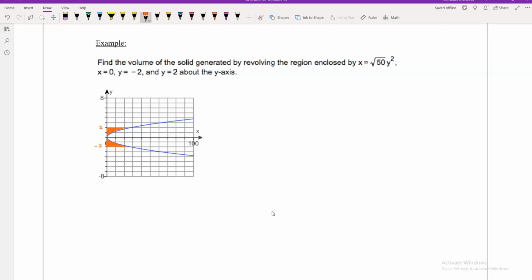So now to find the volume of the solid generated by revolving the region between the y-axis and our curve x equal to square root of 50 times y squared. So that is ry.